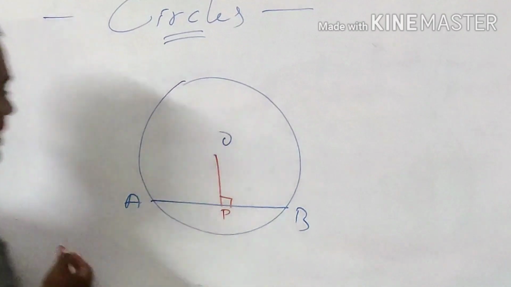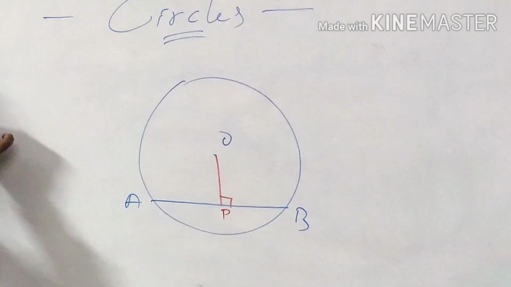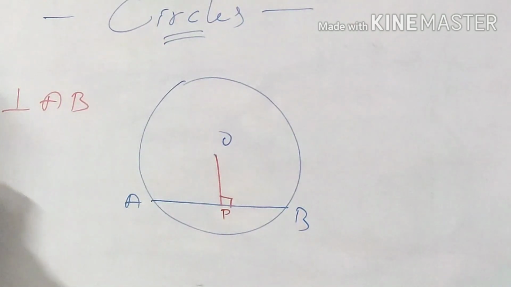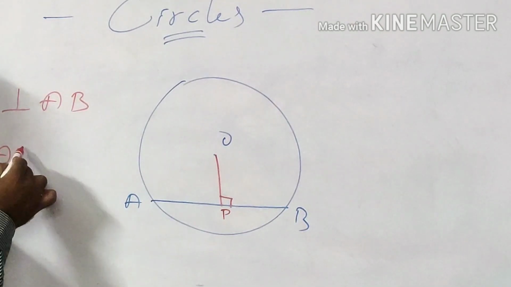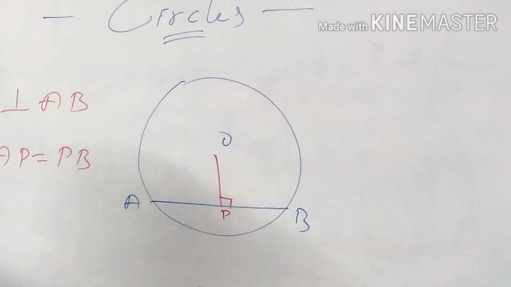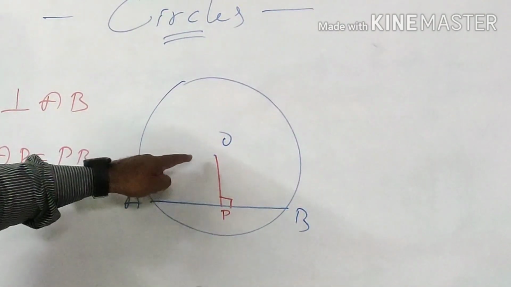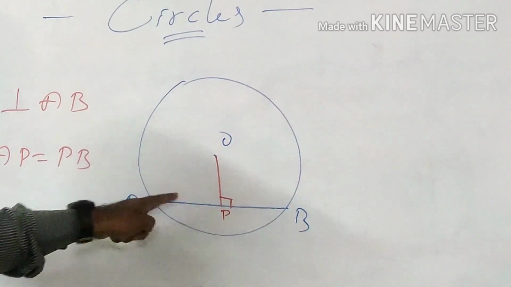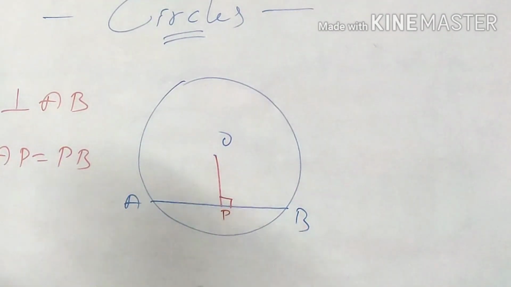Suppose the point is P. If OP is perpendicular to AB, then AP is equal to PB. This means if any perpendicular is drawn from the center to a chord, then it bisects the chord.